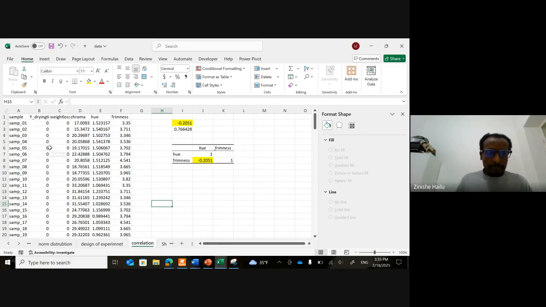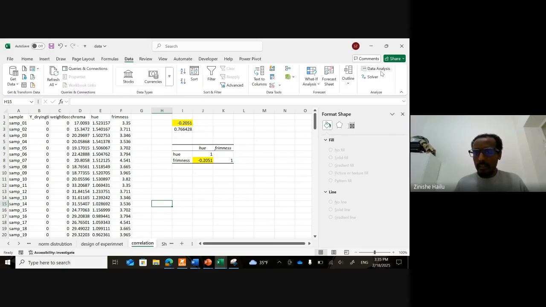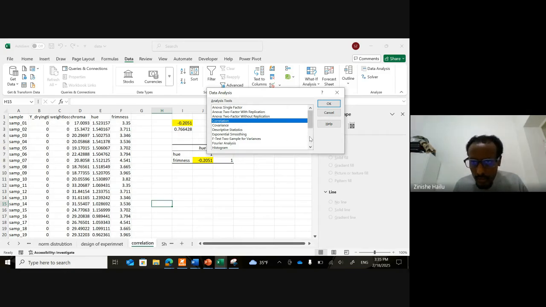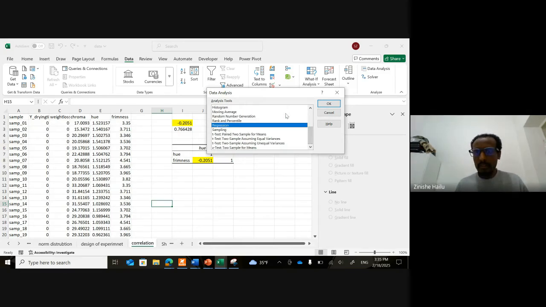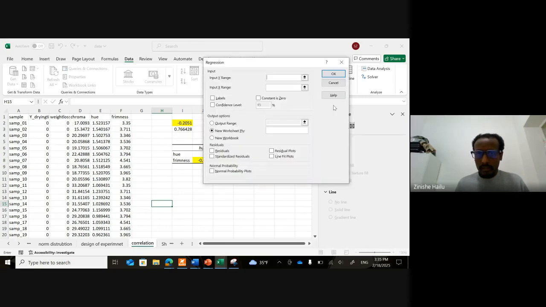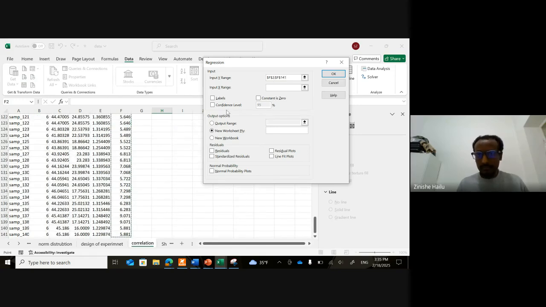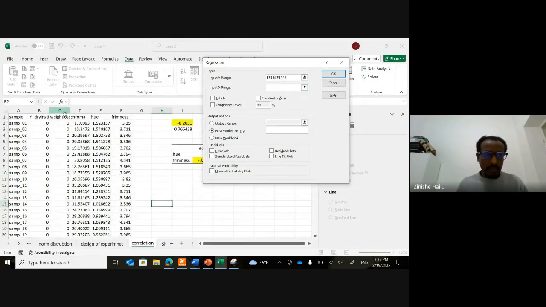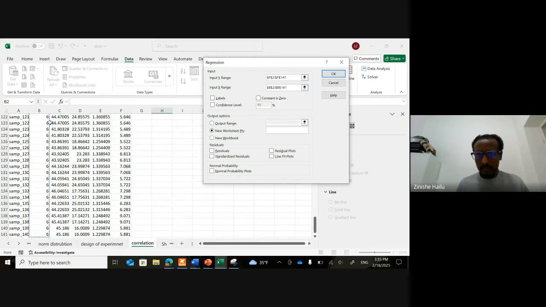Okay, the other one, we can also see the simple regression the same way. Go to the data analysis. I think here is a regression part. So the Y range, let's say the Y is this. And the X range, if I put the X range of this, what will happen?